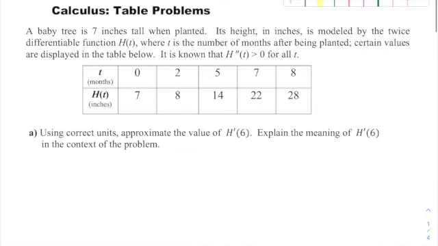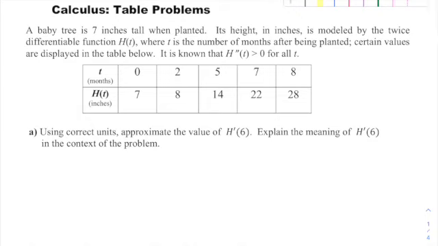So we have this table, and part A is a fairly common warm-up question. This should really be a softball in these kinds of problems. Using correct units, approximate the value of h prime of 6. The function in the table is h, and we want to estimate the derivative at 6, which gives the rate of change, or the slope, at 6.